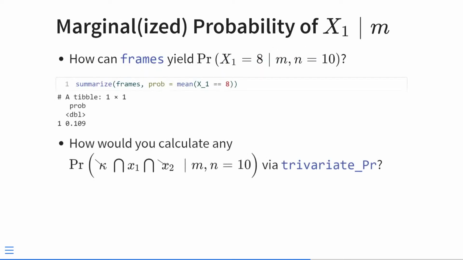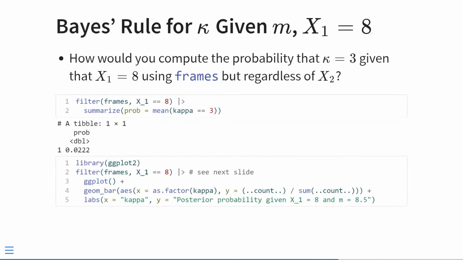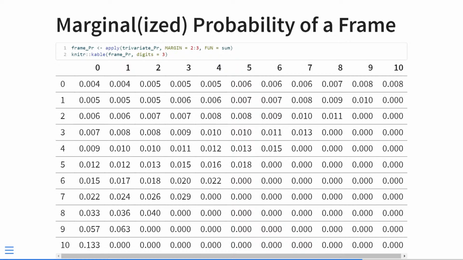And then I made the marginal probability of a frame by marginalizing over kappa, and I got frame PR. So irrespective of kappa, I'm left with an 11 by 11. So this is the probability of all the things that could happen on one frame of bowling, irrespective of kappa, under a Poisson prior for kappa with an expectation of 8.5.